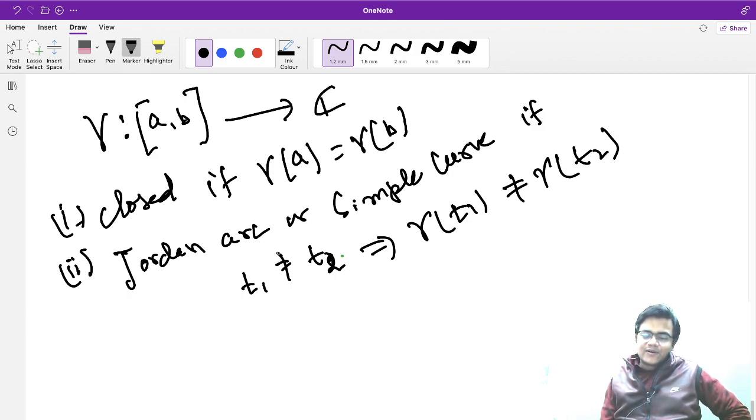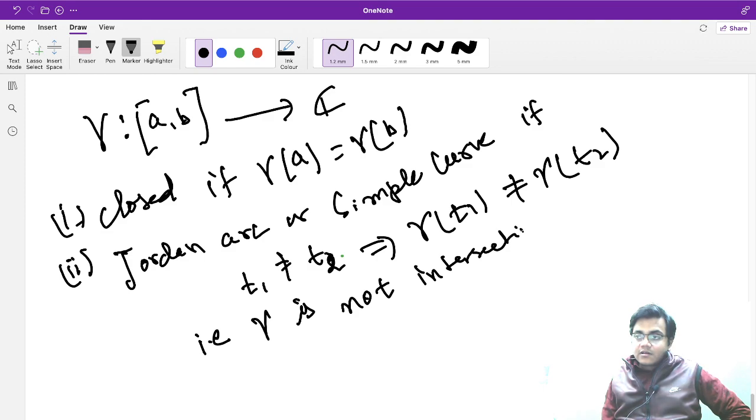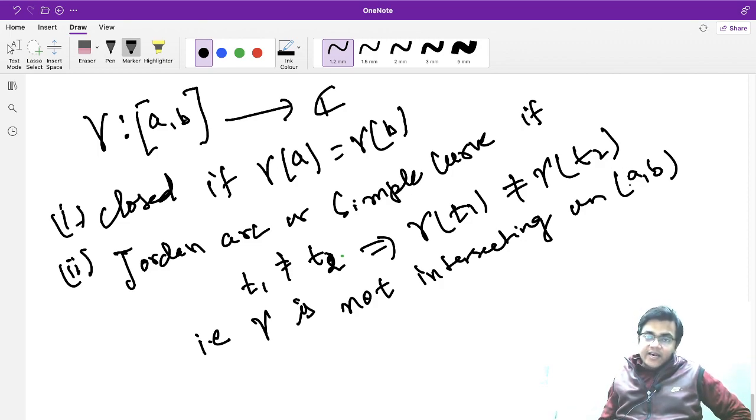Geometrically, when you draw the curve and gamma does not intersect itself in between a and b, then it is called a Jordan arc or simple curve.